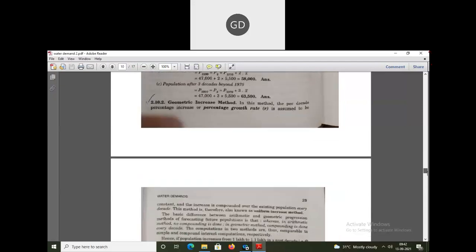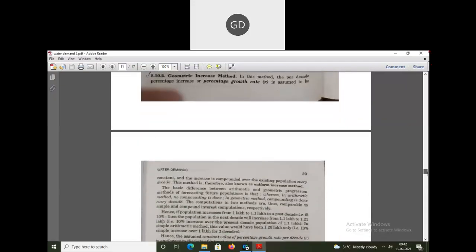Basically, this method is used in a city where the population has been increasing uniformly, per decade or per year. In that kind of city the geometric increase method is used, and nowadays it is most often used to forecast population. In this method the percentage growth rate is assumed to be constant.